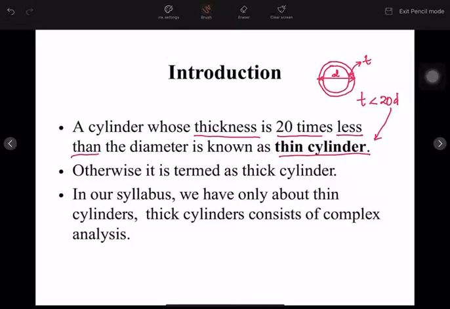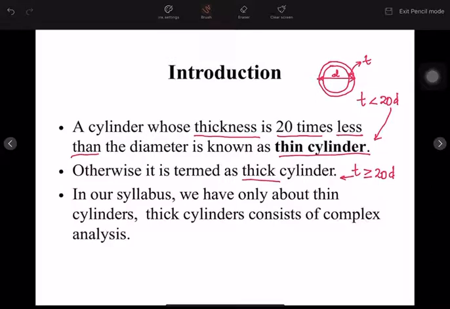On the contrary, it is termed a thick cylinder. That is, if small t is greater than or equal to 20 times of d, we call it a thick cylinder.